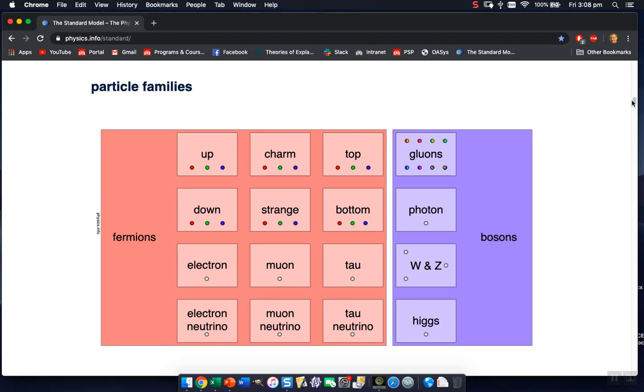Relatively simple system with 6 particles plus 6 particles is 12 there, 4 bosons there, but we also have the antiparticles of these ones as well. So it's really only 28 particles altogether that allows us to describe, predict, explain, etc. all of the hundreds of different particles, the kaons and the muons and the very tau particles and a very, very wide range of particles and behaviors that we have to talk about.